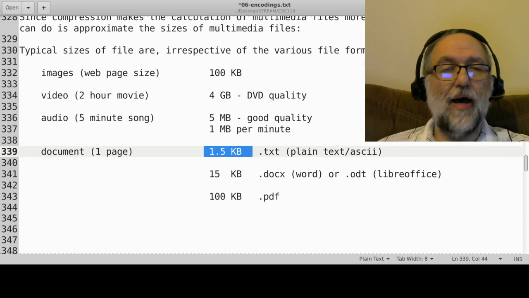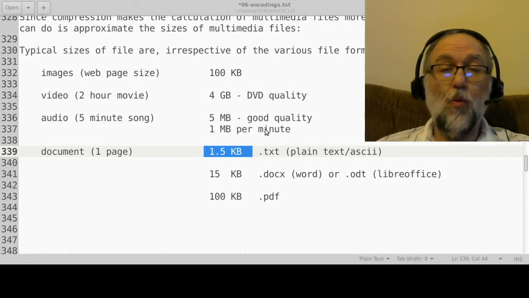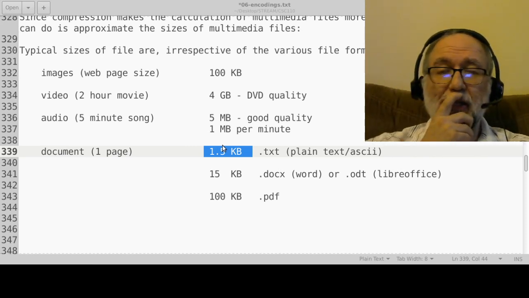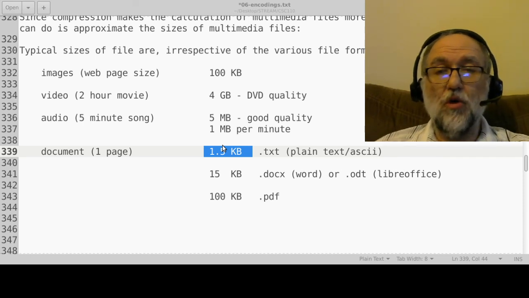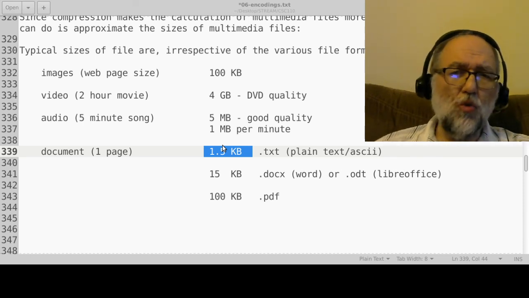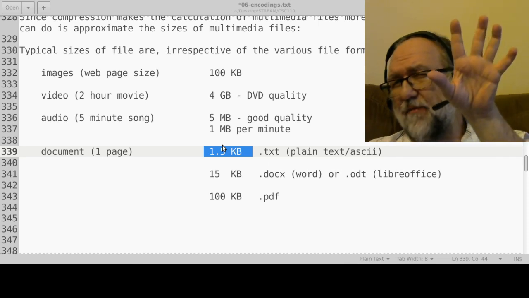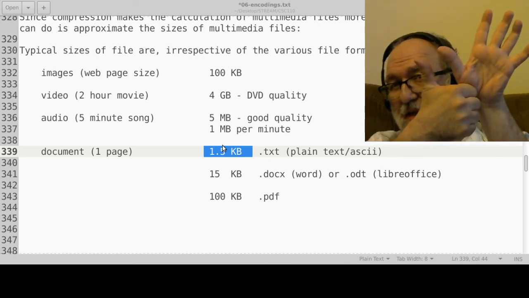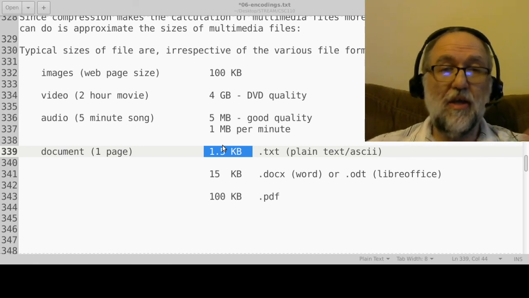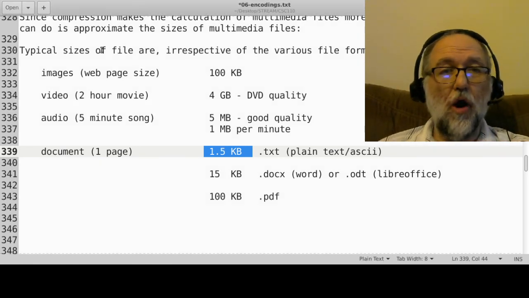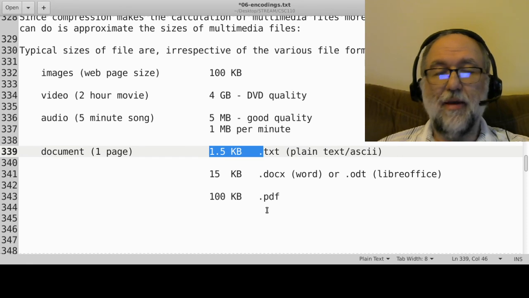One page of text in ASCII is about 1.5 kilobytes, and you might say, could we have calculated that? Yes, you can. There are about 250 words per page, and each word in English is about 5 letters plus 1 space, so 6. 6 times 250 gives you 1,500, or 1.5 kilobytes.